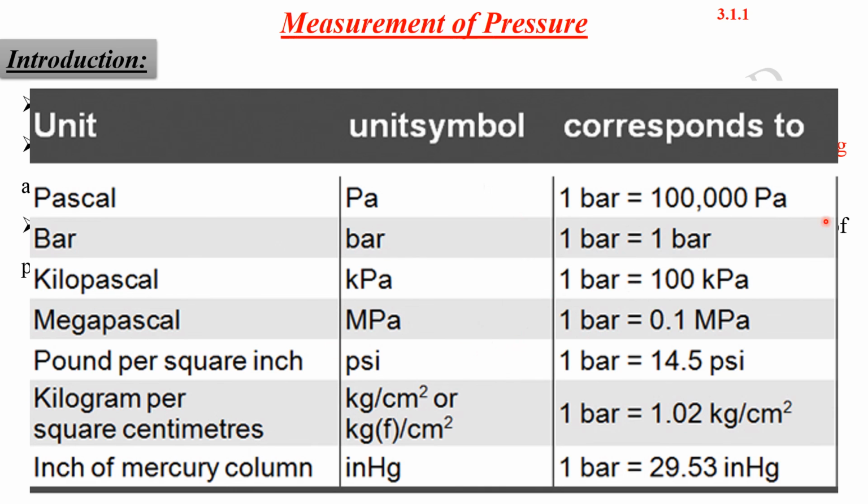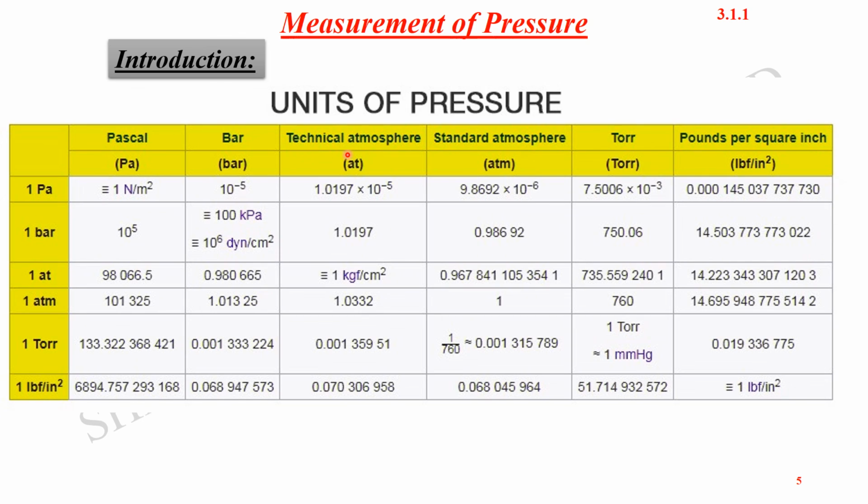The interconversions have been given here, and it is quite important to remember them, to understand how we can convert one unit of pressure into another. So look into this chart. Thank you.